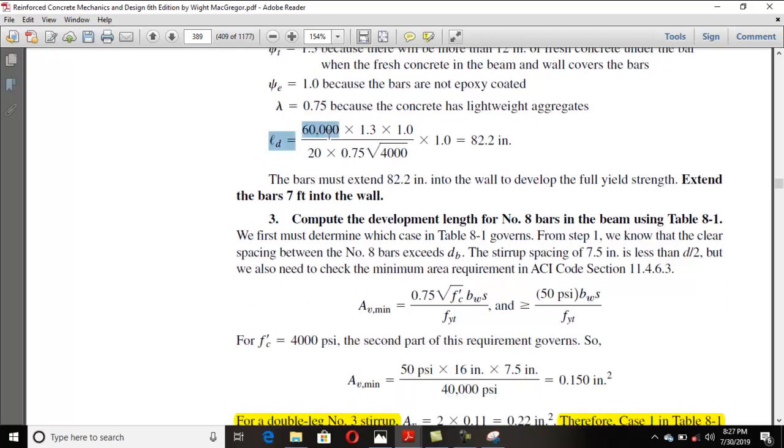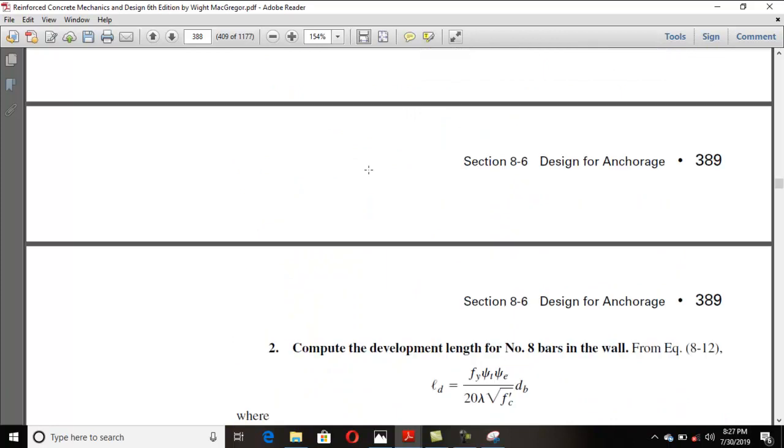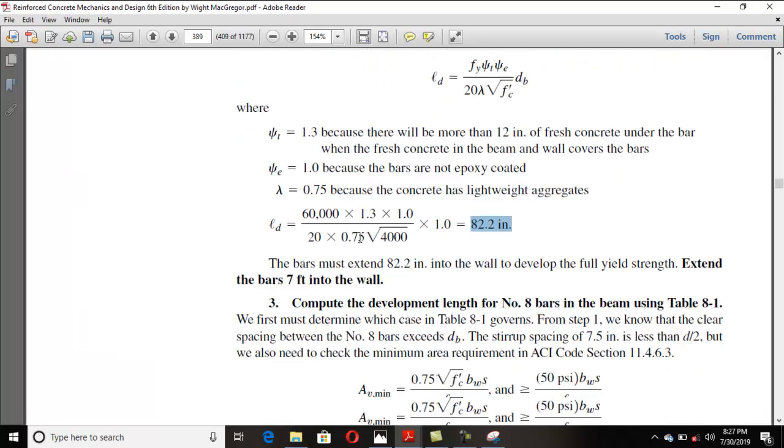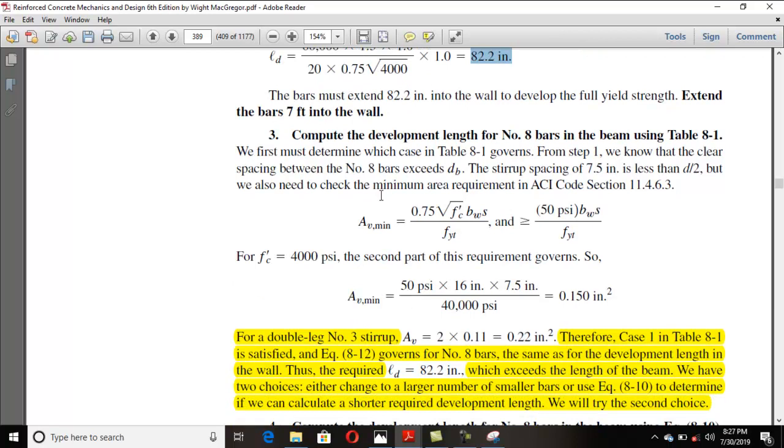Just putting the values in this equation, you will get 82.2 inches. That is your design development length. The bars must extend 82.2 inches, means 7 foot into this wall. From this point A to this point, this 7 foot distance will be necessary to produce its full length.